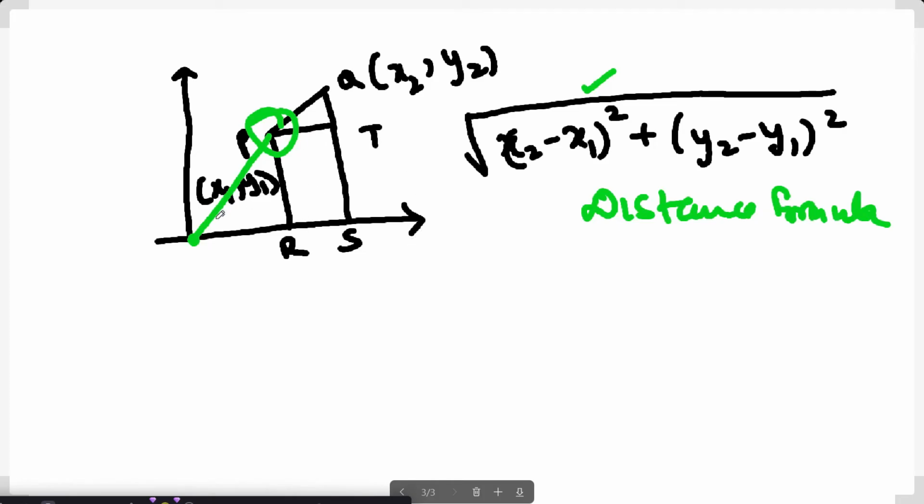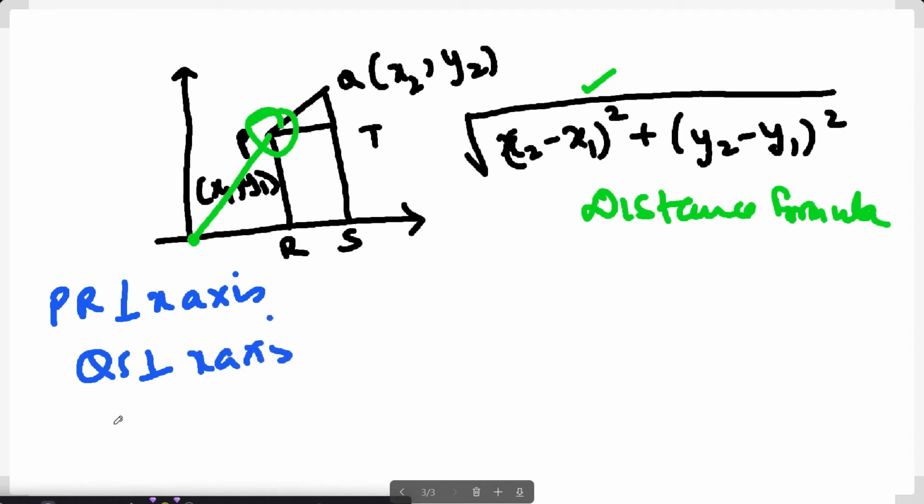So we have drawn PR perpendicular. So first point is we have drawn PR perpendicular to x-axis, QS perpendicular to x-axis, PT perpendicular to QS, right? Now what is OR? I'm taking you step by step.